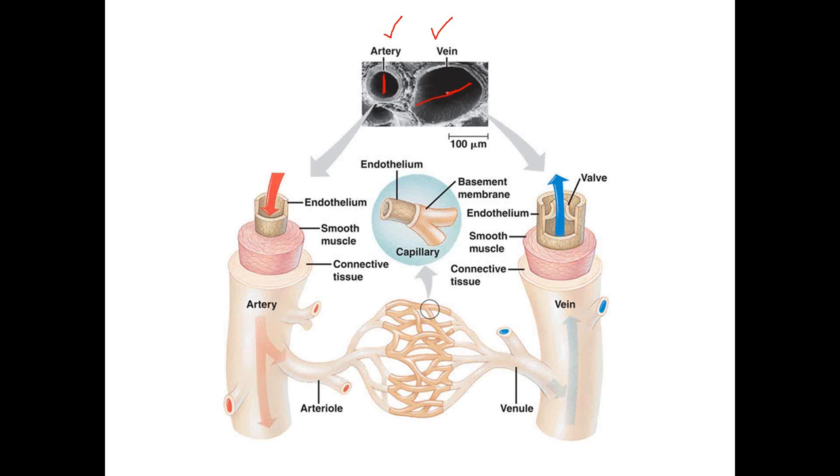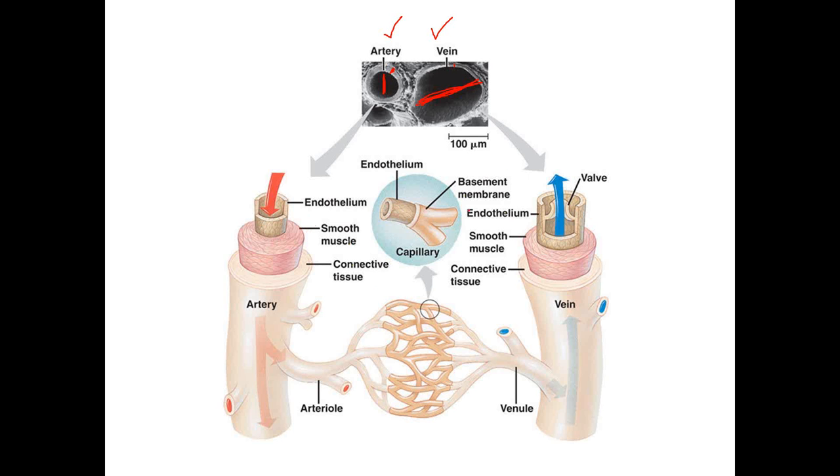You see that? This is much bigger in the vein, and a thicker wall. Okay, so arteries, smaller lumen, thicker wall. This is just showing you how that's made up of different tissue layers.